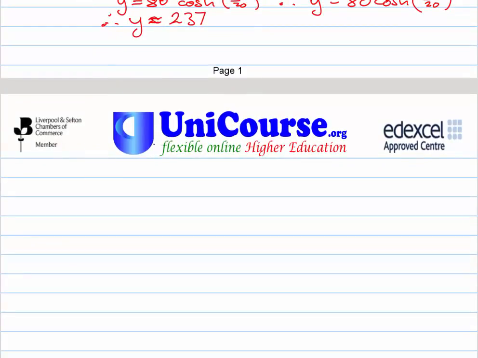Right. Next thing then, see if we can switch it round a little bit and ask ourselves this question. What's x when y equals 100? Okay, so what's x when y equals 100? So that's the other way around. We're going to need some transposition.